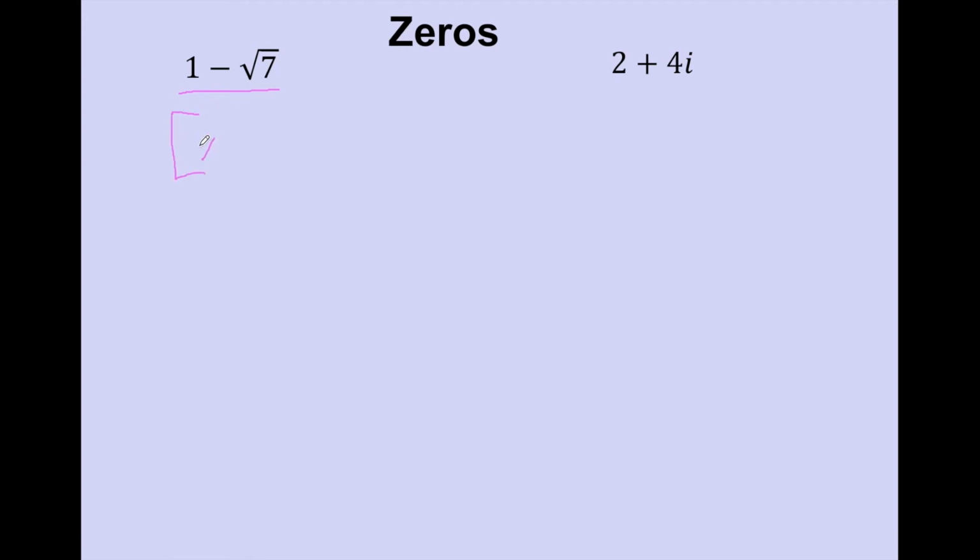All right, you're going to have x minus 1 minus root 7, x minus 1 plus root 7. Okay, remove parentheses. Okay, regroup.